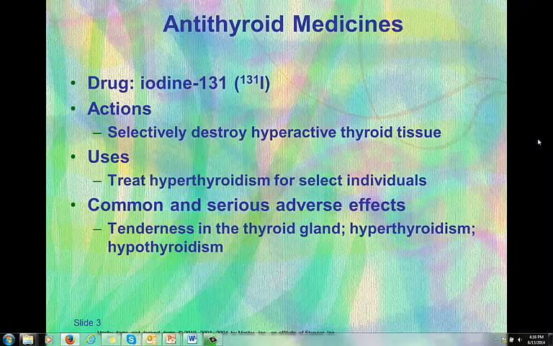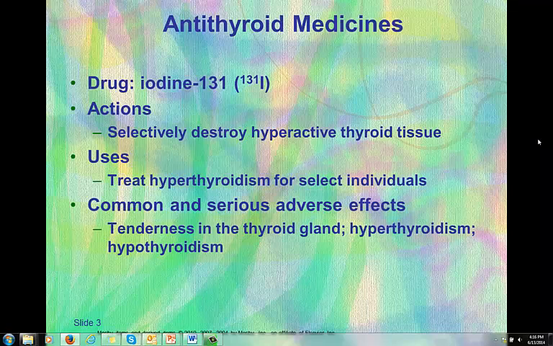Iodine 131 is a radioactive isotope of iodine that is absorbed into the thyroid gland in high concentrations and will begin then to destroy the thyroid tissue.